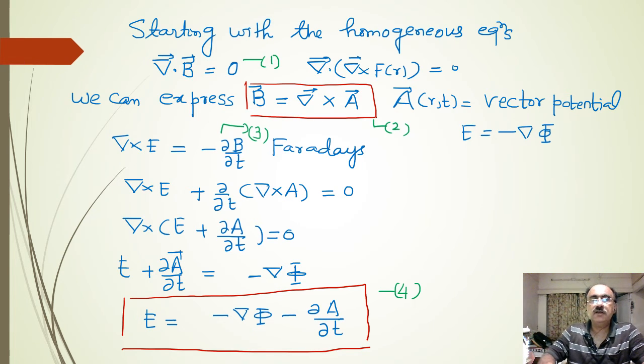So we have fully exhausted the divergence of B equal to 0 as B equal to curl of A. Whatever was implied in this equation, we have taken it out. Similarly, for the other equation, Faraday's law, from there also we have taken out the expression of E in terms of phi and A. Now what to do next?